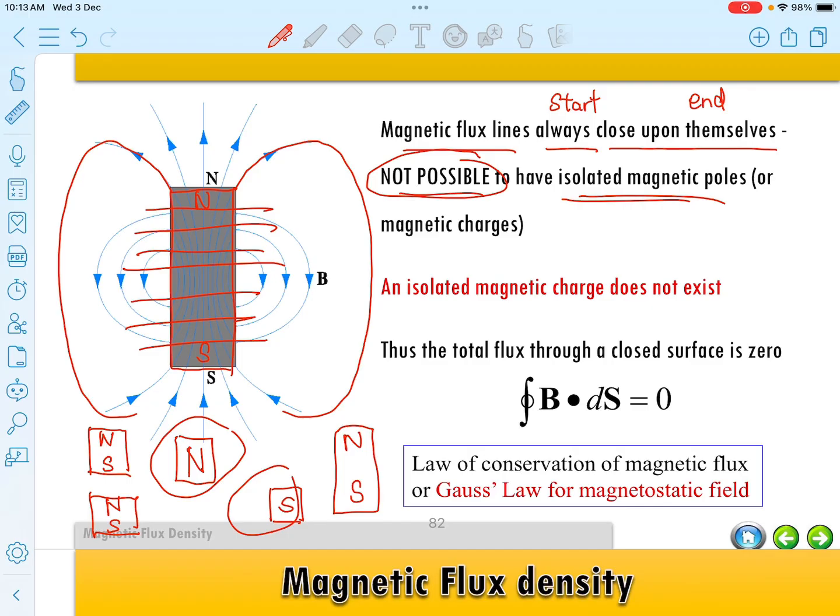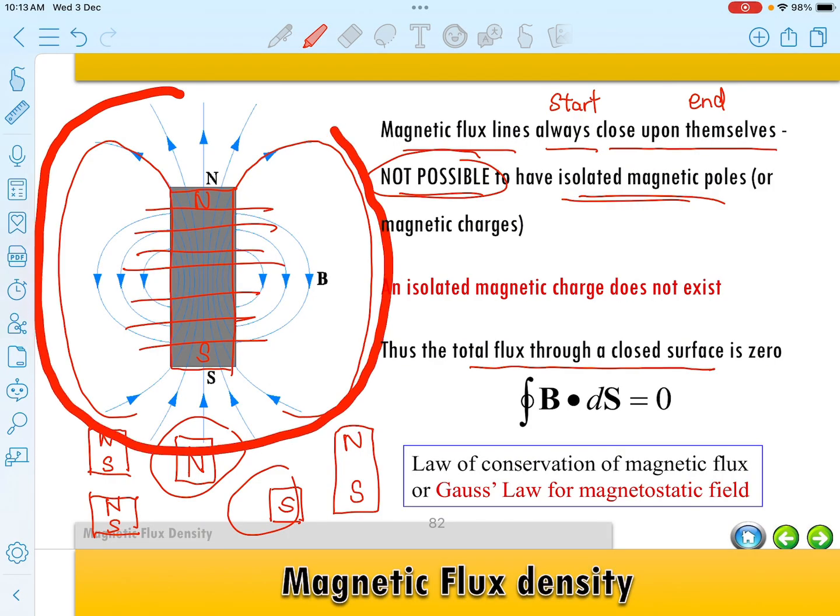So it means that the total flux through a closed surface is equal to 0, since the magnetic field always terminates upon itself. If we put a very big surface around it, the magnetic flux density that passes through this big surface is always equal to 0, because it always terminates back to itself.